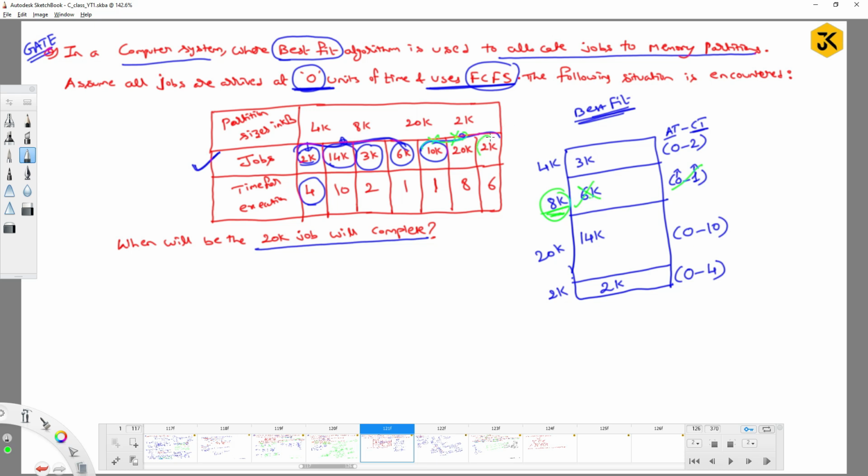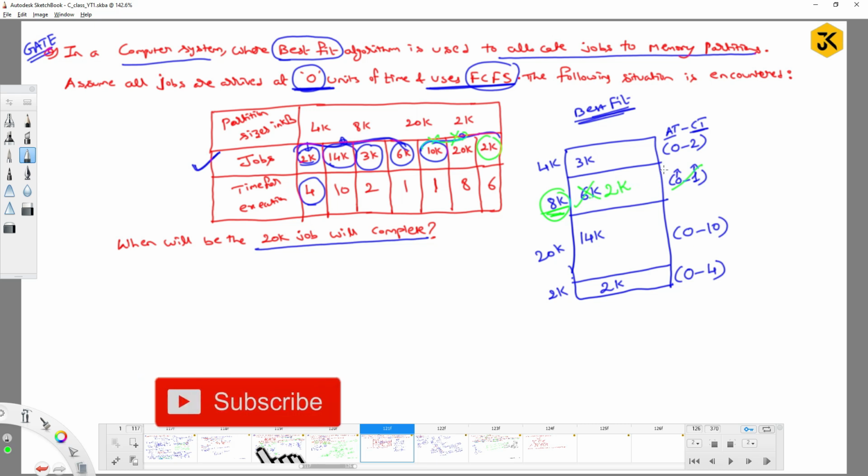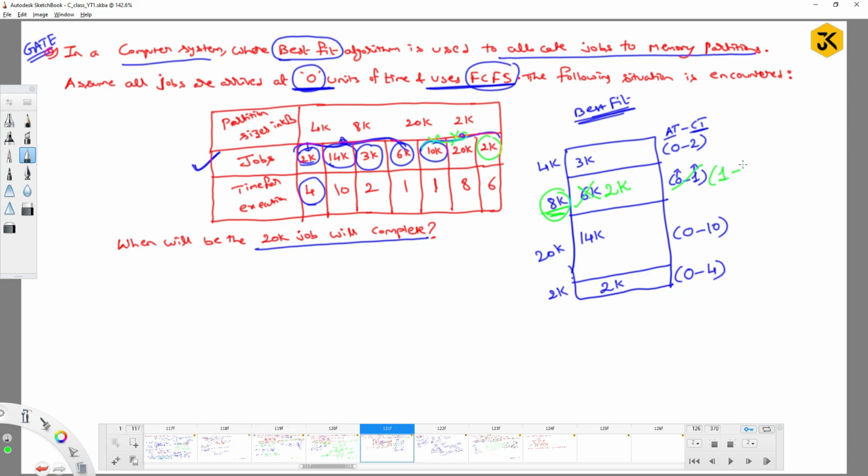Is it possible to place 2k? Yes, 2k can execute here. It comes in at 1 unit and will be completed by 7 units of time. Good, this is also done.